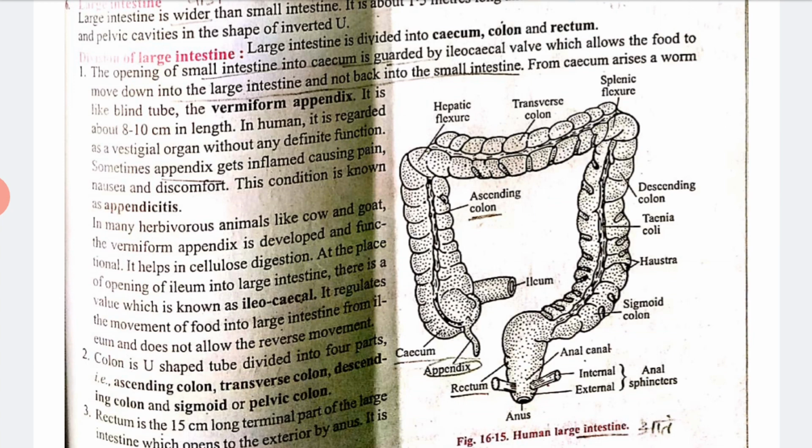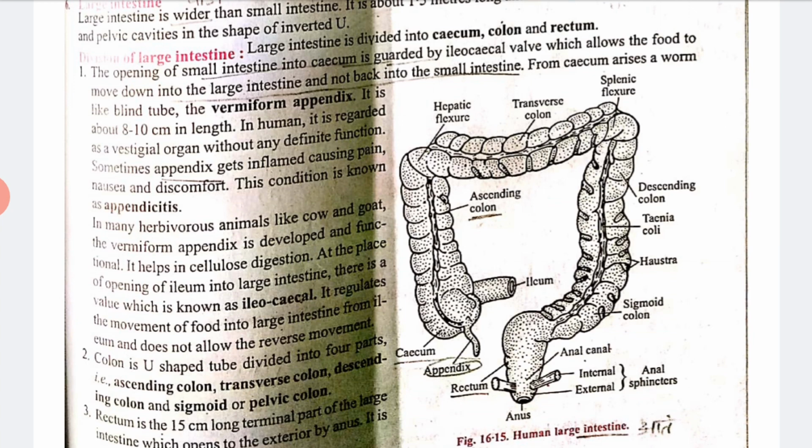From the caecum arises a worm-like blind tube known as the vermiform appendix. It is about 8 to 10 centimeters in length. In humans, it is regarded as a vestigial organ without any definite function. Sometimes the appendix gets inflamed, causing pain and discomfort. The condition is known as appendicitis.